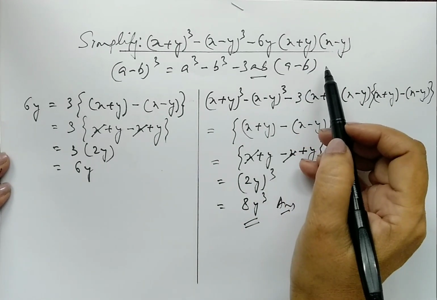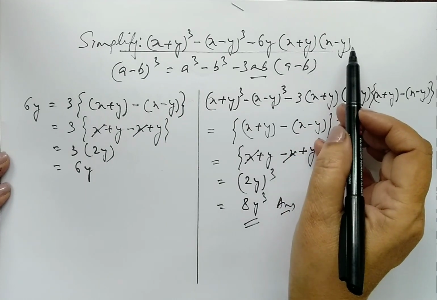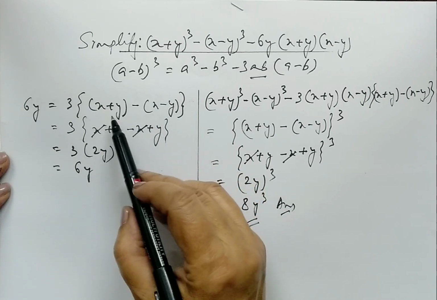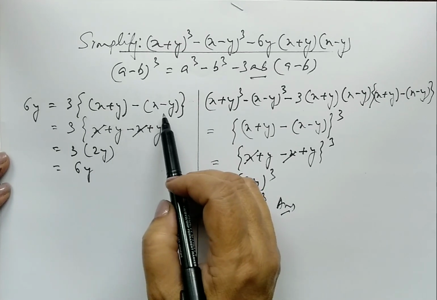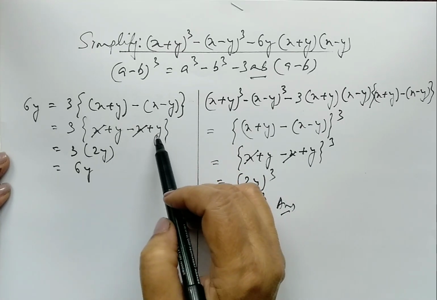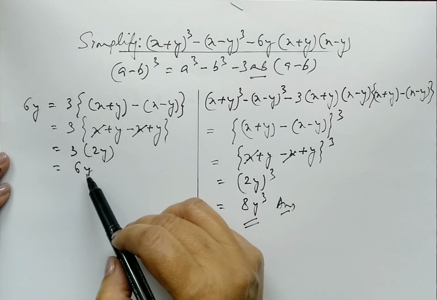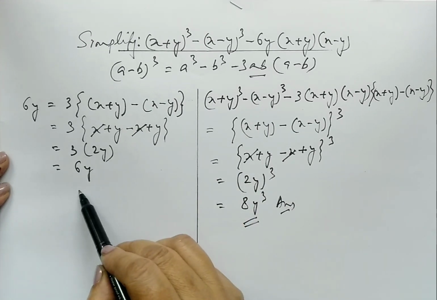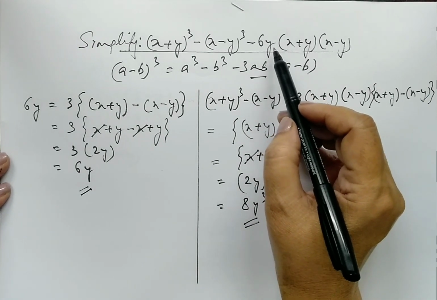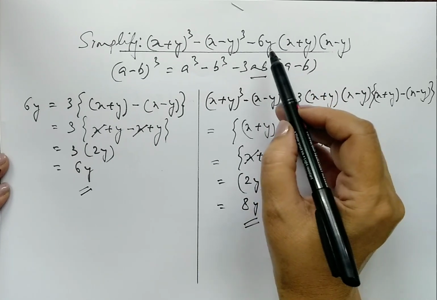So if this was missing with reference to this sum, we tried and found out that x plus y minus x minus y was eventually giving me 2y, which when multiplied by this got to be equal to 6y. And now we know why 6y was sitting over here. It was sitting in disguise.